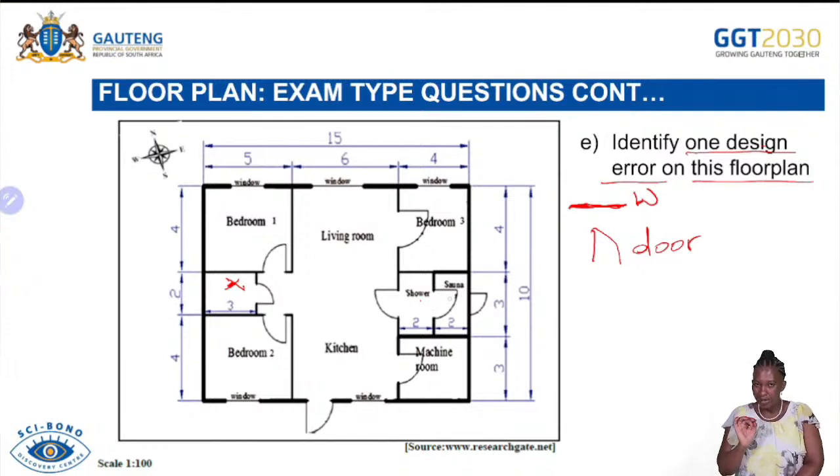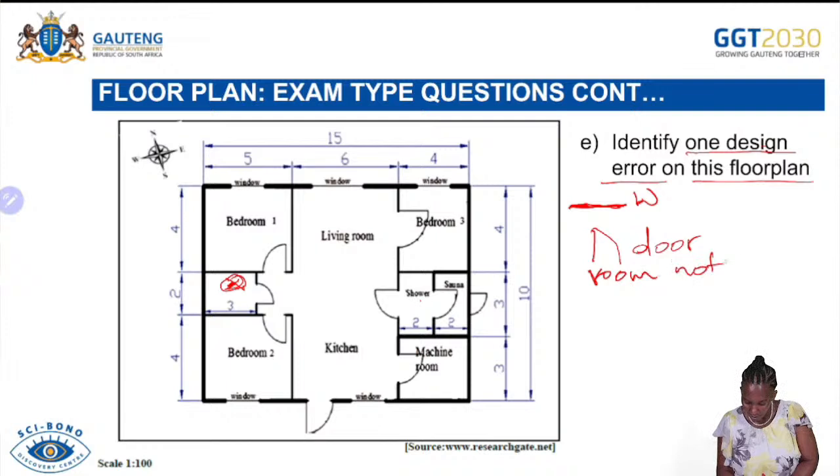Now, the first error: there is a room, this one, a room without a name. Room not labeled. Why? We don't know this room. We don't know whether it's a toilet or what. But there's a room that is not labeled.